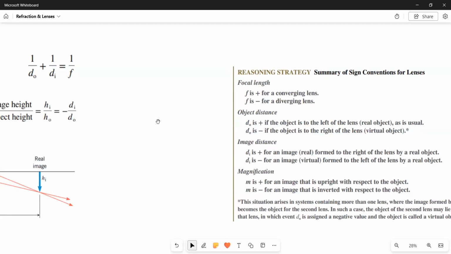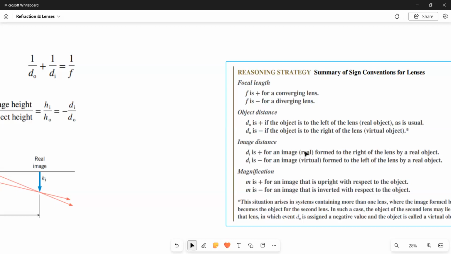with virtual and real images. If the image distance is negative, you actually have a virtual image.